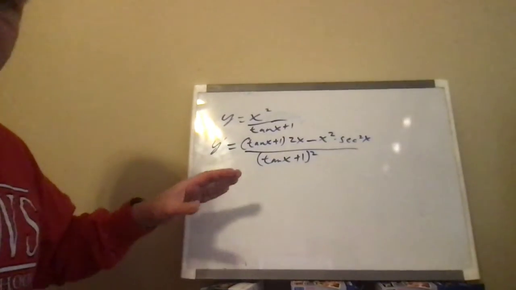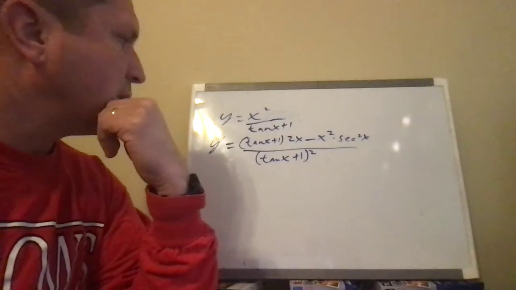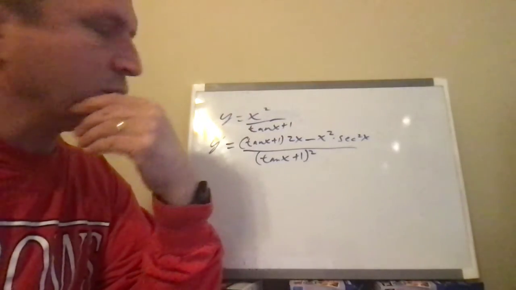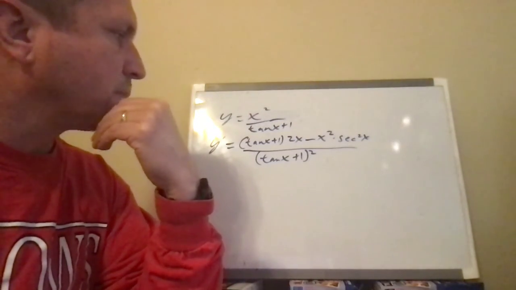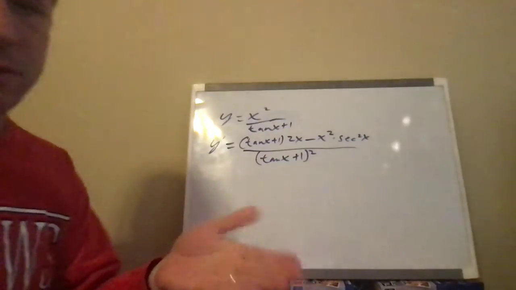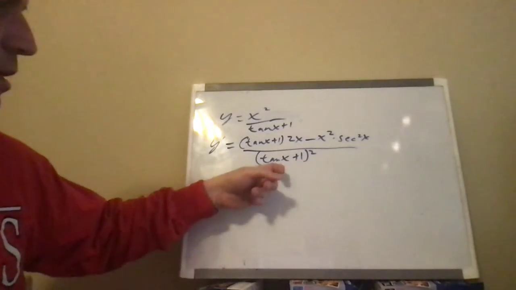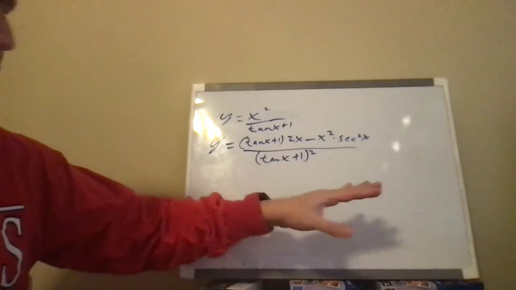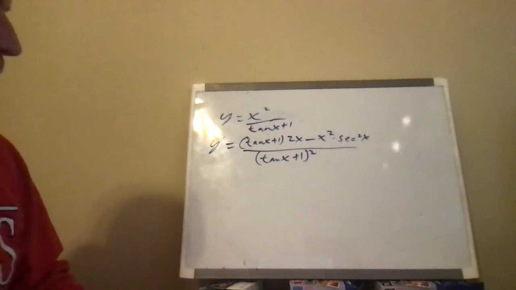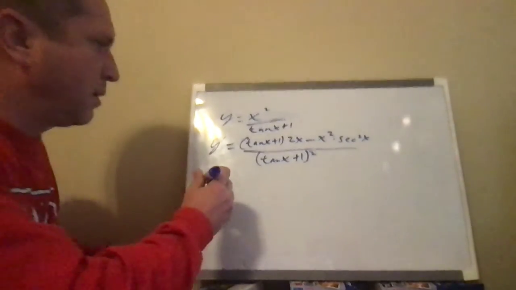If we have a binomial in the denominator, we're not going to actually square it. We could make it tangent squared x plus 2 tangent x plus 1, but when we start getting into the chain rule, this term's going to cancel out, so we want to leave this alone. At this point, there's a little bit of cleaning up we can do.